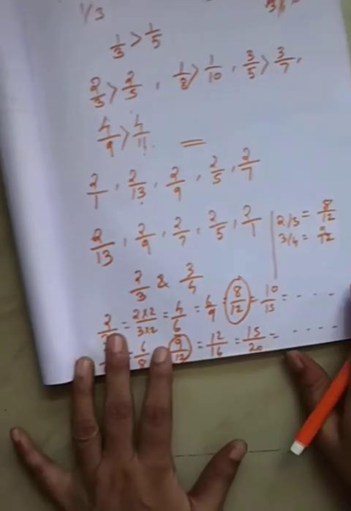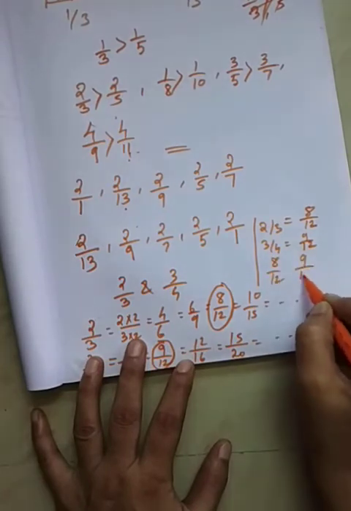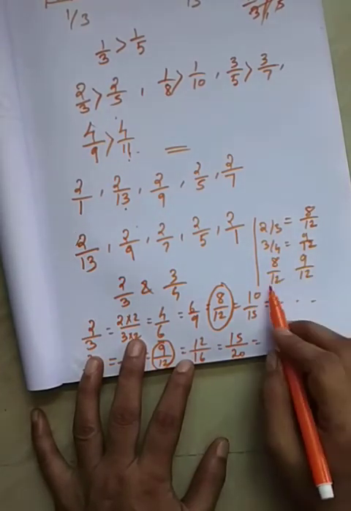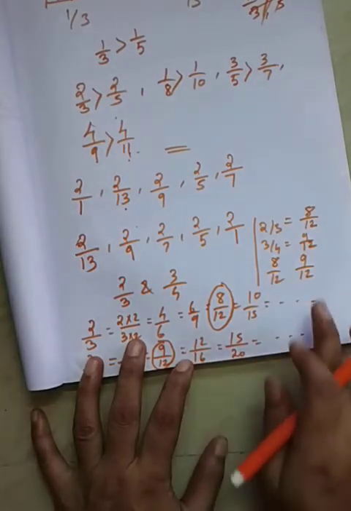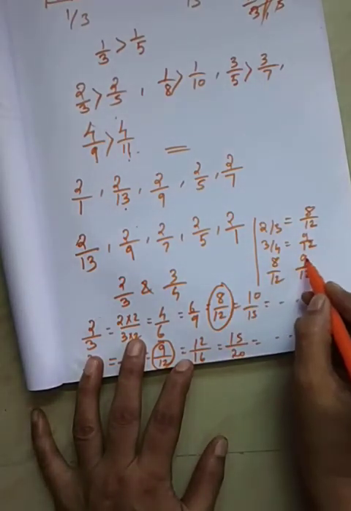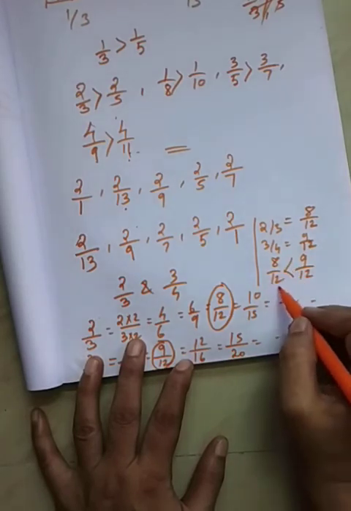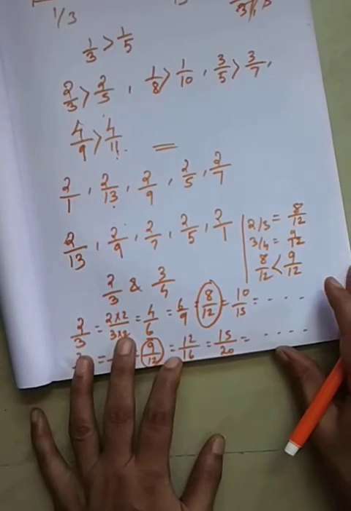Now everybody knows this. See here, 8 by 12, 9 by 12, same denominator, that is like fractions. See the numerator, which one is greater? 9 is the greater. So you can put in this sign: 8 by 12 is less than 9 by 12.